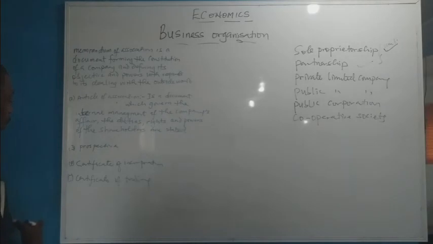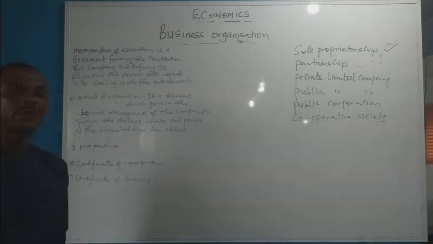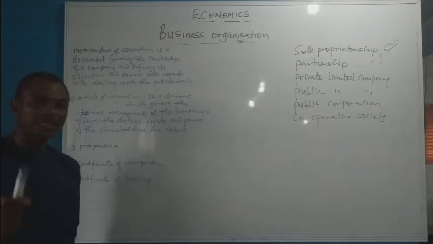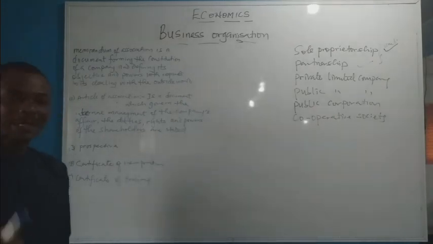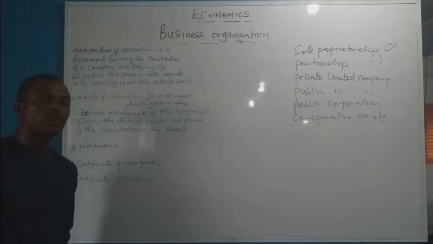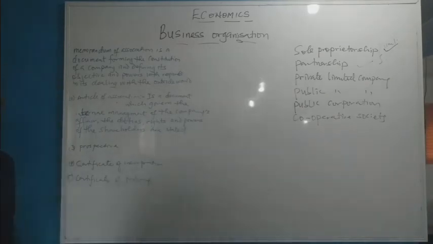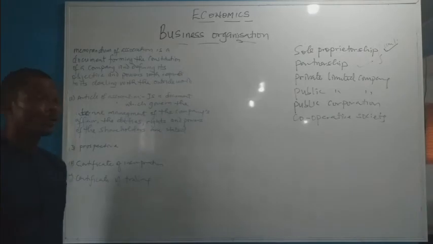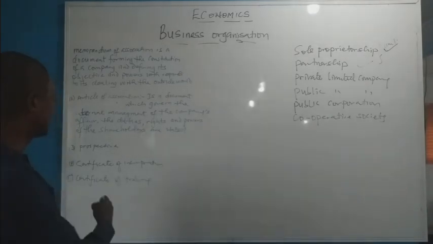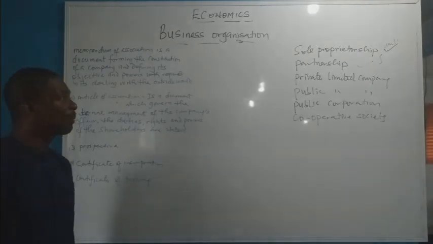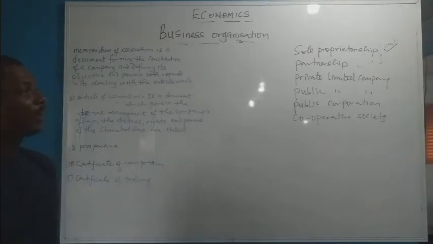And that's why it's known as the certificate of trading. Mind you, the private limited liability company can commence business without a certificate of trading, but the public limited liability company cannot commence business until the certificate of trading has been given to it.